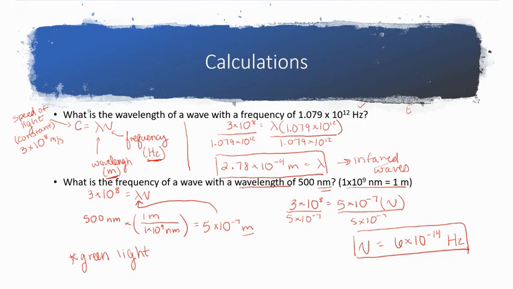Okay, that looks at our types of waves based on their frequency and our wavelength. We can relate the frequency and wavelength of a wave using this equation, where c is always 3 times 10 to the 8th, lambda is our wavelength, and nu is our frequency. Okay, so that will always be our go-to equation if wavelength is in meters and frequency is in hertz.